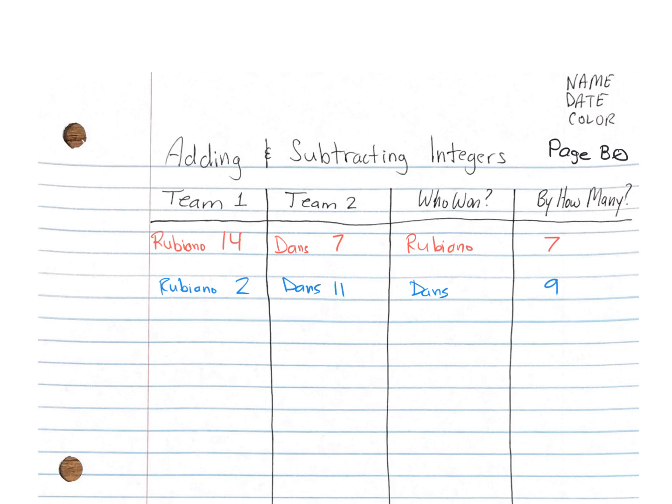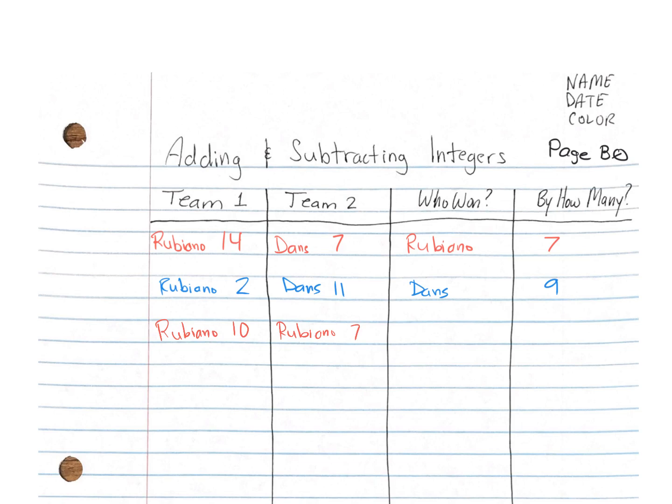But what if I did something like, if I had Rubiano, right? Let's say I got 10 kills at first, but then I got me again. So now I don't have 2 different teams. It's the same person. So in this case, Rubiano's got 10 kills and then Rubiano got 7 kills. So the way I view it is that I'm looking at the total number of kills that I got overall.